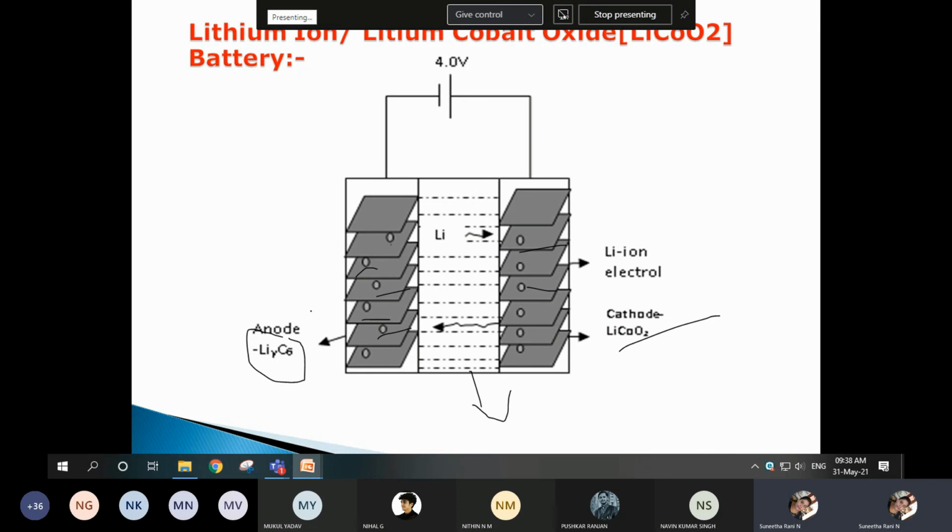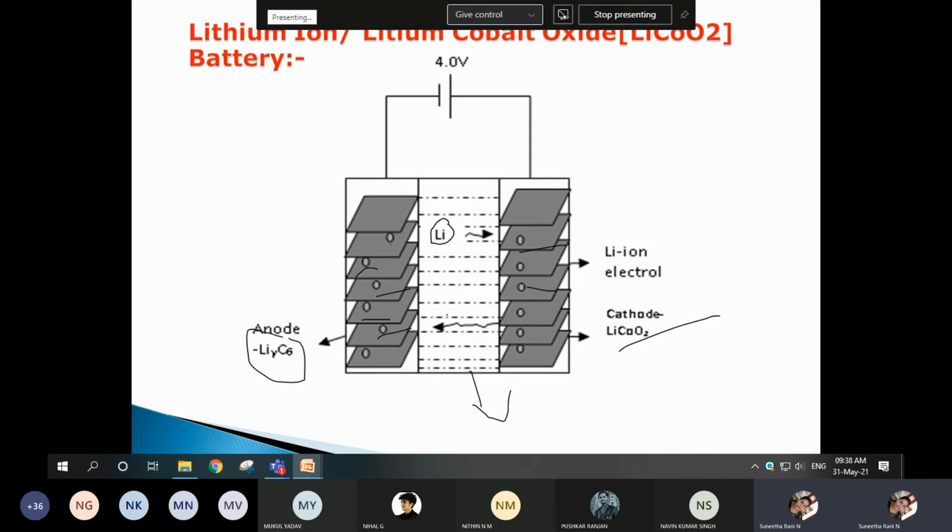When it is connected to the external source or the current, what happens here? Electrons in the anode start moving from layer to layer like this, and these electrons pass to the electrolyte in the form of Li plus.